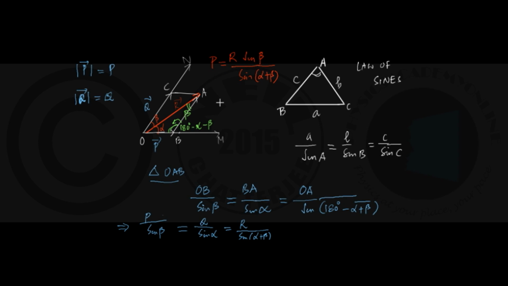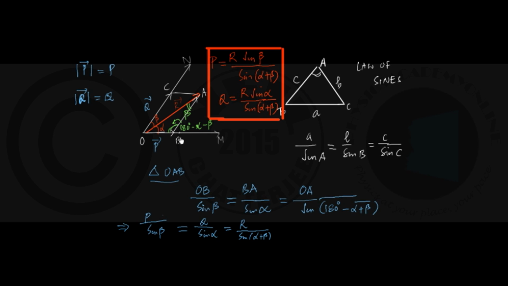Similarly, Q is coming out to be the magnitude of R into sine alpha divided by sine alpha plus beta. So looking back here, I have written down P and Q inside a box because I didn't have much space in this page, so I had to show it in a highlighted way, because this is the result I'm looking for. Let's look at these formulas I have got just now.